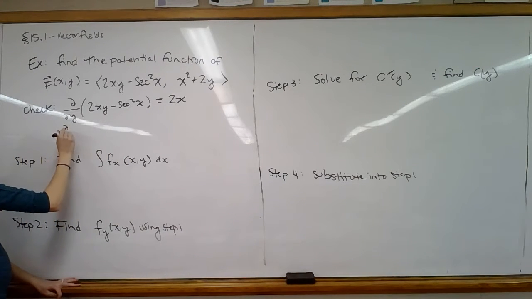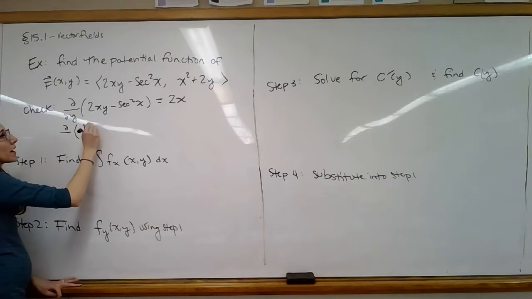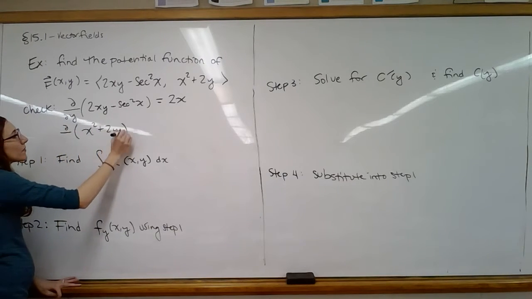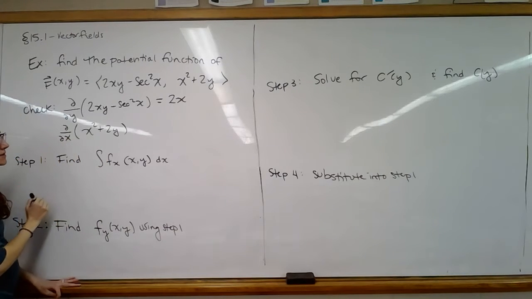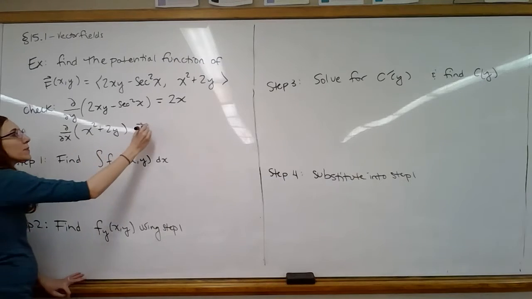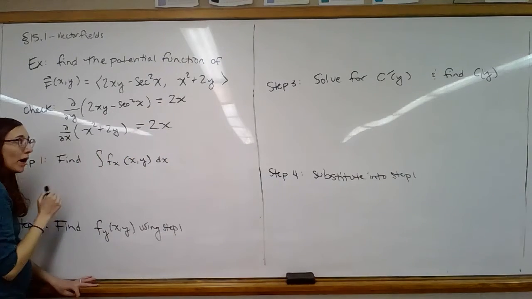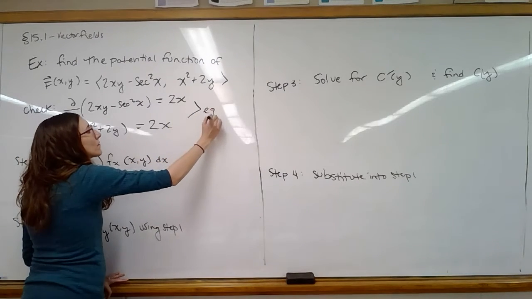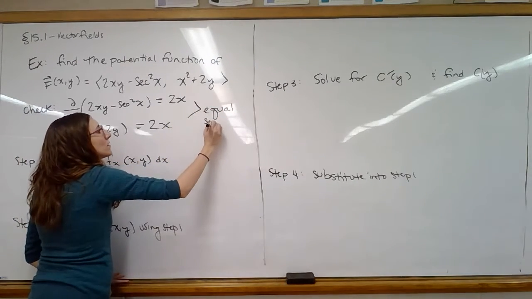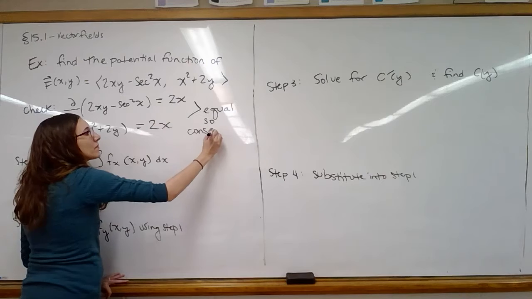Then we're going to do the partial of the second component, which is x squared plus 2y. That's the y component, so we're going to do the partial with respect to x. The x squared becomes 2x, and the 2y goes to 0. So these are equal. So this is conservative.